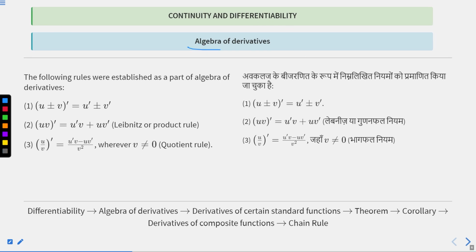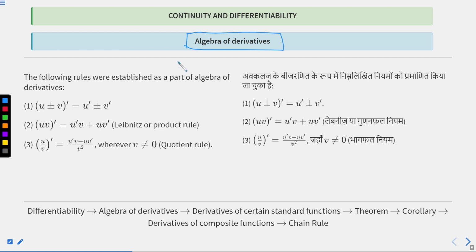So algebra of derivatives, quite simple. In the previous session we discussed algebra of continuity, where we saw that if two continuous functions are added, their result is continuous, their difference is continuous, their product is continuous, their quotient is continuous.